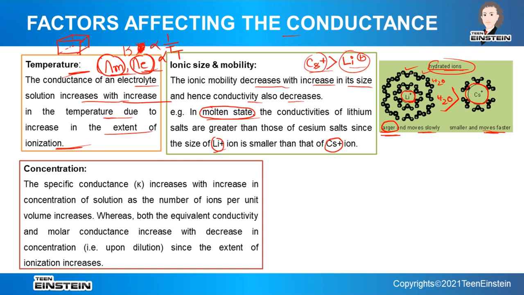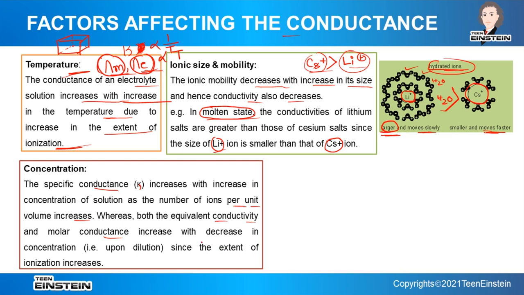Number 3, concentration. Now see, it is specifically mentioned that specific conductance, that is kappa, increases with increase in concentration of the solution, as the number of ions per unit volume increases, whereas both the equivalent conductivity and molar conductance increase with decrease in concentration.